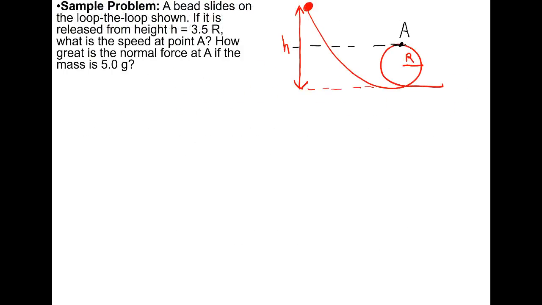A bead slides on the loop-de-loop as shown. If it's released from height h equal to 3.5 r, what's the speed at point A, and how big is the normal force at A if the mass is 5 grams?